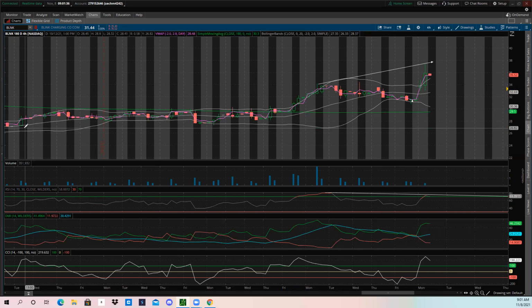As you can see here, anytime it gets to the top Bollinger Band, it usually finds resistance and comes back down, bounces off the bottom Bollinger Band, and finds support. If it breaks below the bottom Bollinger Band, then it usually finds support there.